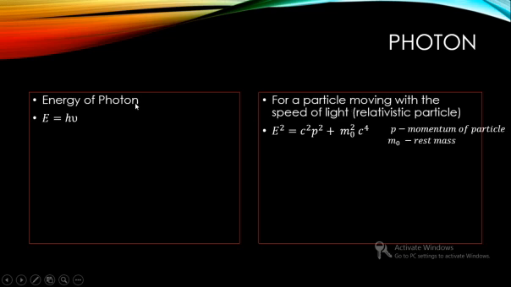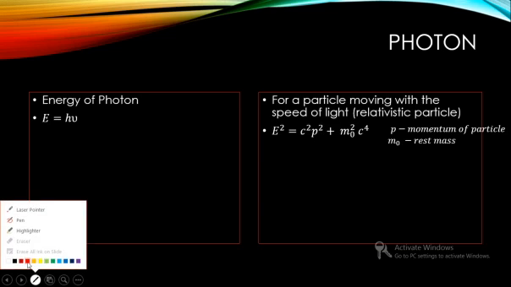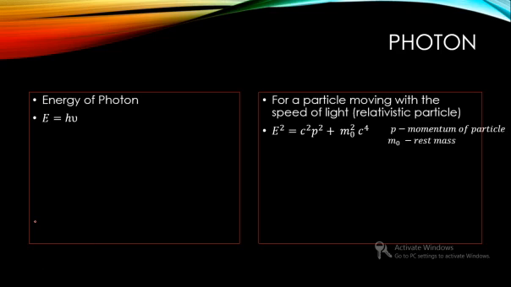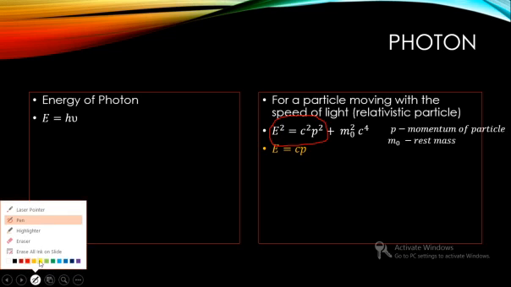And the photon is light itself, and hence it will also have this kind of relativistic energy. But for a photon, the rest mass is 0. So this term goes off, and finally what you have is only the first term. So E² = c²p², and taking the square root, what you get is E = cp.